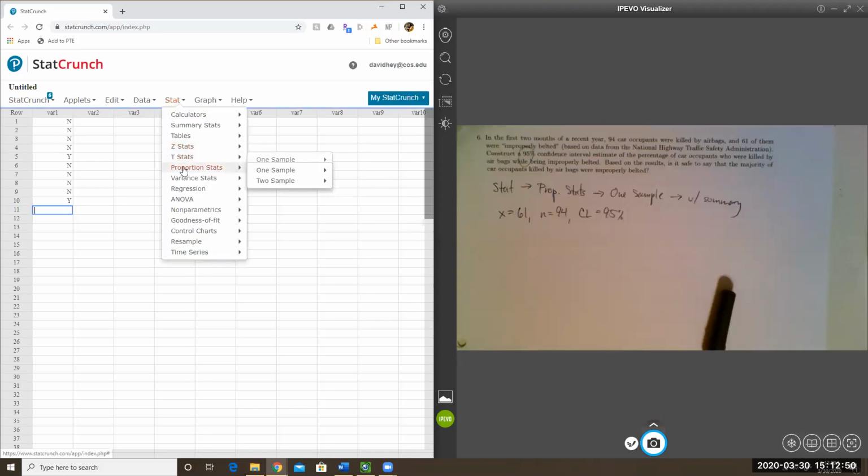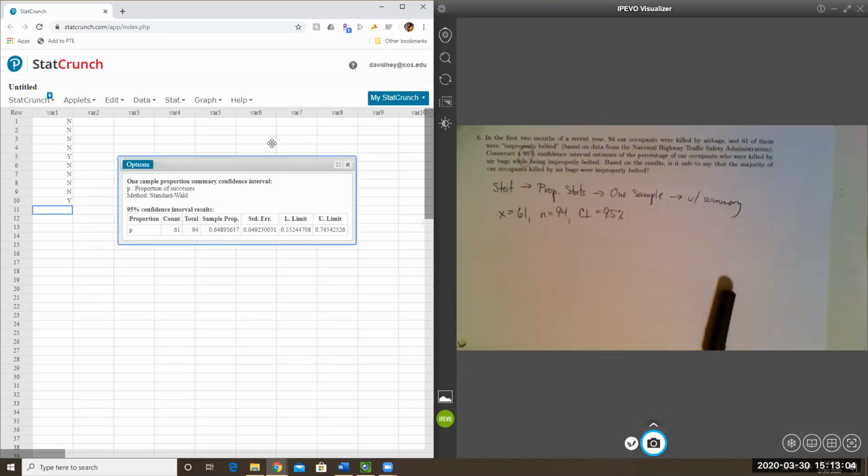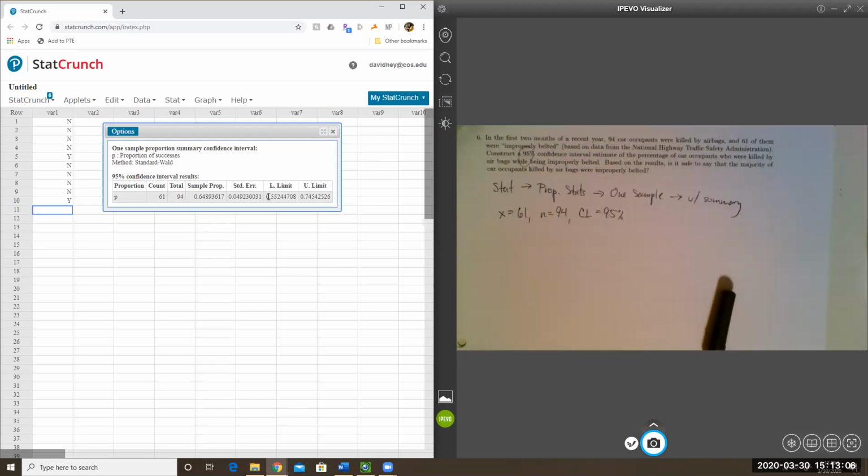Stat, Proportion Stats, One Sample with Summary. X is 61, N is 94. We want a 95% confidence level. There's our interval.